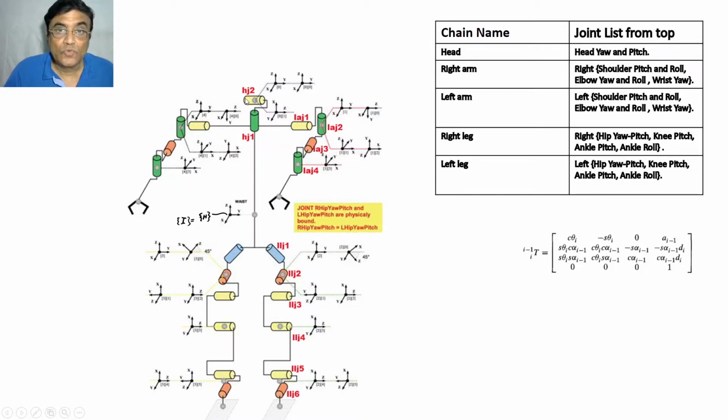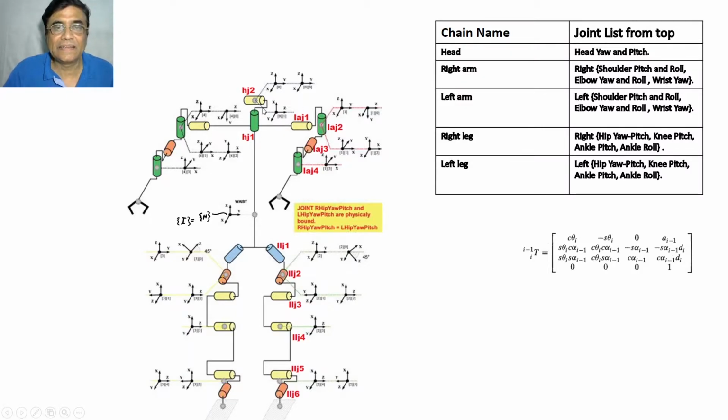But here we can analyze or model them using some divide and conquer principle, in that sense that let us segregate the head. So head has two joints, pitch and yaw. Whatever way you describe, basically they have two revolute joints as depicted here.